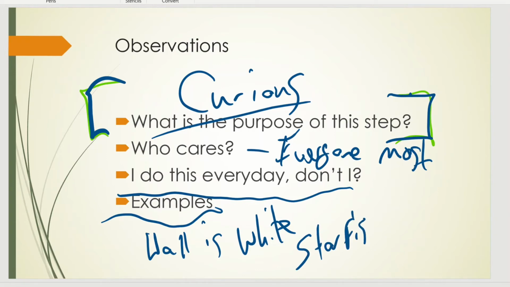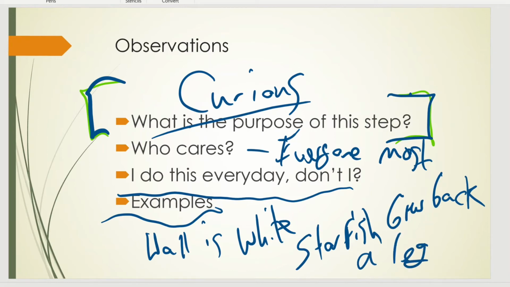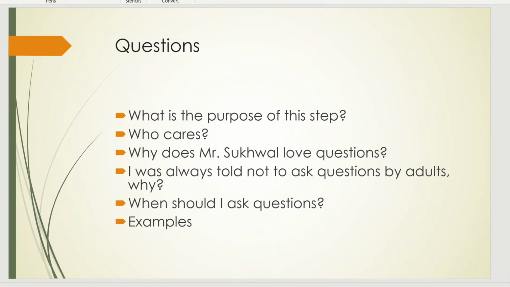You could also say starfish grow back their legs. That's an observation. Maybe you've seen it. I have, after a really long time, granted, but they do grow back their legs. So that's a thing. If only we could do that, right? Imagine how great life would be for us.